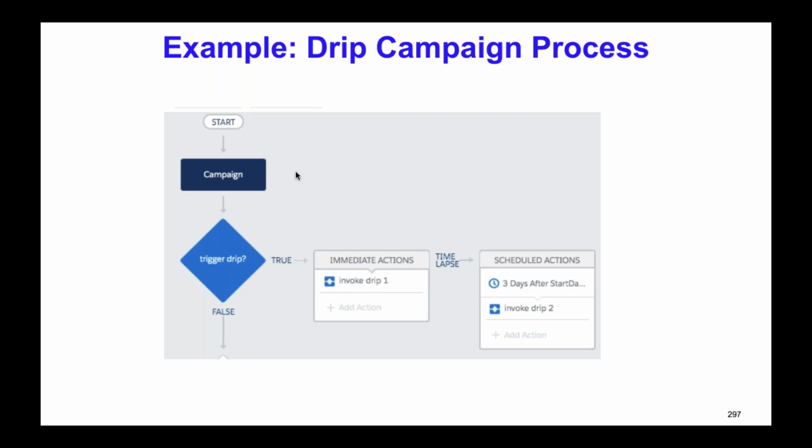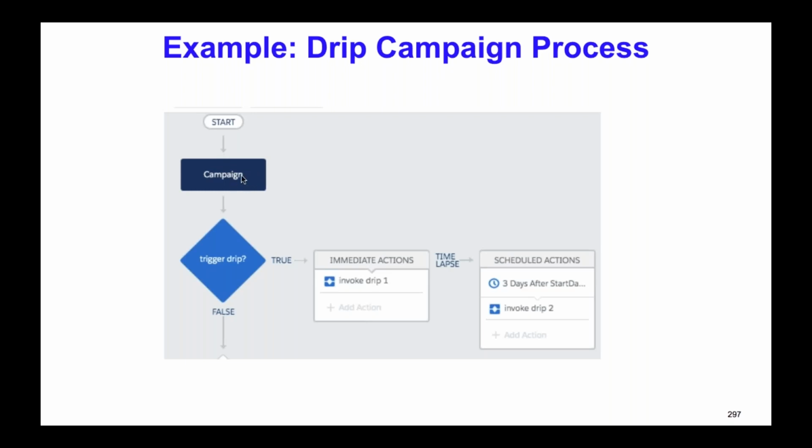So once again, in this particular example, but as I said, there are 100 different ways we can send out a drip campaign. But in this example, I'm just going to demonstrate how you can create a campaign, add campaign members to it already, and then start the drip campaign, right?